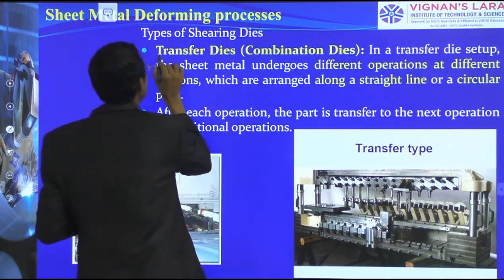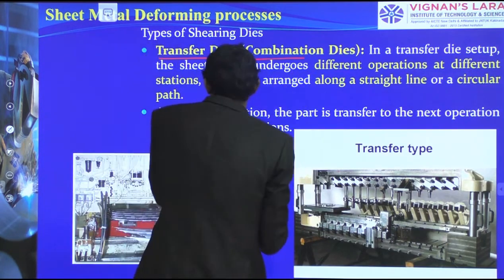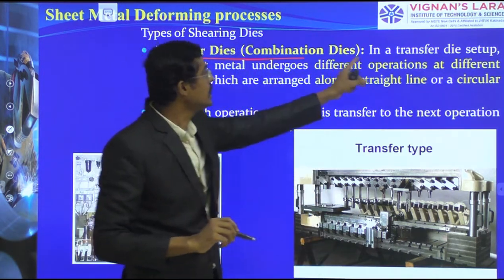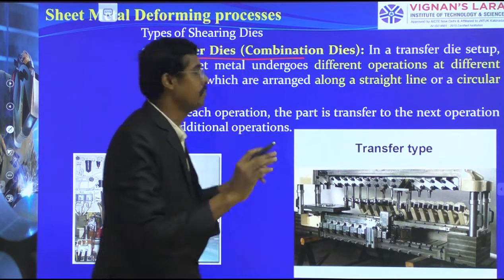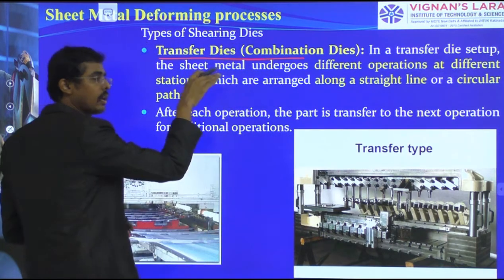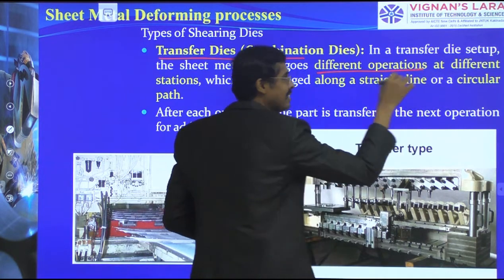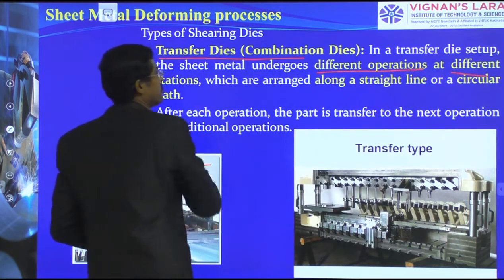Next I am coming to the transfer die, otherwise called a combination die. You see, in a transfer die setup, the sheet metal undergoes different operations at different stations.